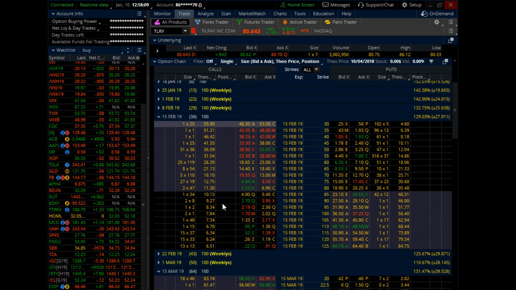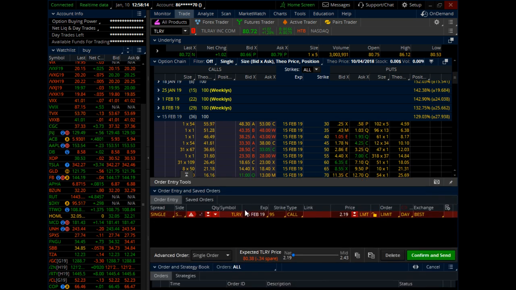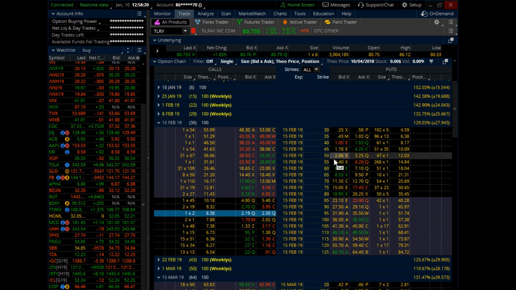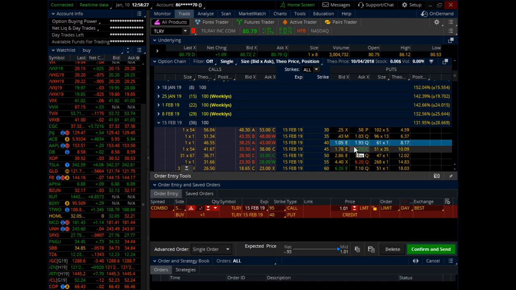You might sell the February 95 calls for, let's say, $2.19 here, and take that money and buy the February 40 puts. This way, if this thing just tanks and falls out of bed, you will make money, and that money will offset your losses from being long the shares of the stock. Now, in this case, this trade is for a bit of a credit. That's because the call you sold is worth more than the put you bought.